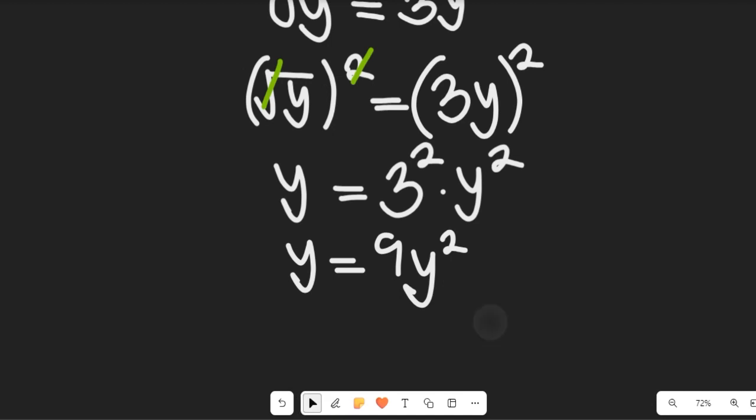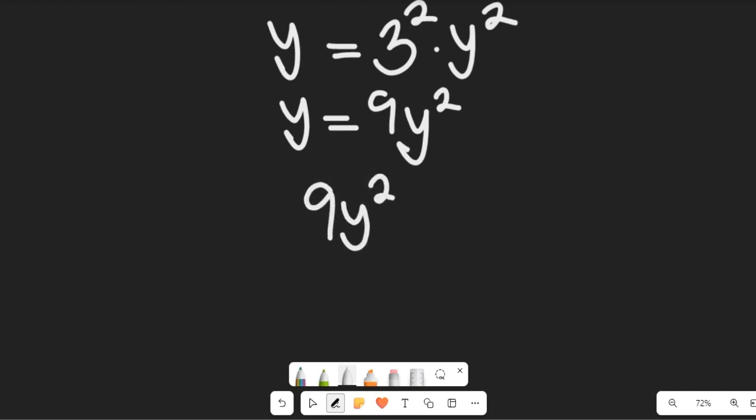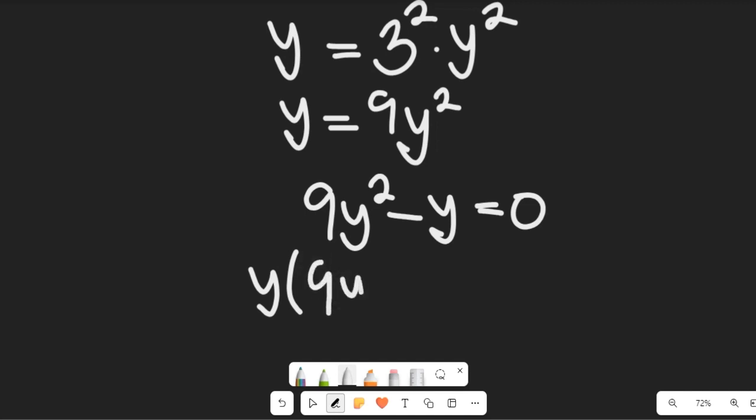So we're going to expand this, and if we expand this to become a quadratic equation, this will now give us 9y squared minus y, and this will be equal to 0. Great. Now if you look at this expression very well, you find out that y is common. So let's bring out y, and this will give us y times 9y minus 1, and this will be equal to 0.